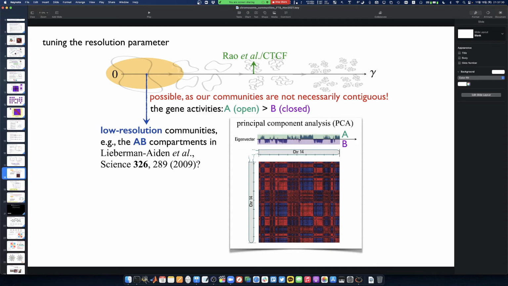So it's not like they just cut it in half somewhere in between, with the left one being A and the right one being B. It's based on principal component analysis. They put the positive part as A and the negative part as B.